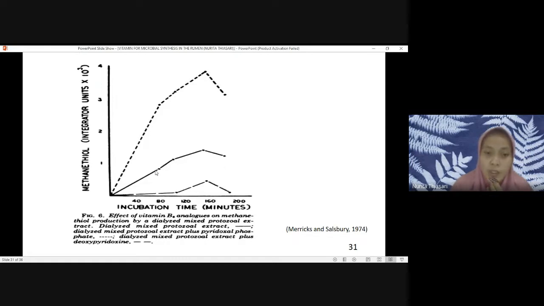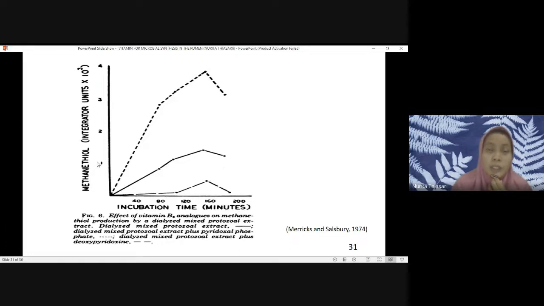So in here, with the addition of the B6 analog in the form of the pyridoxal phosphate in the short dot, the short dot, oh, I'm sorry, the short line. So high number of the metanetiol.